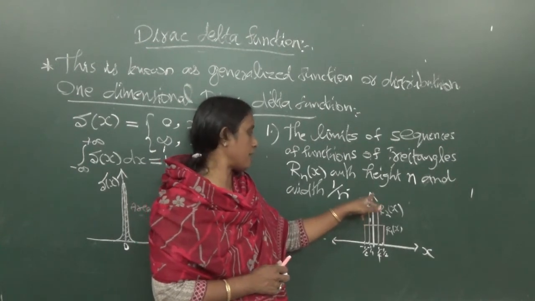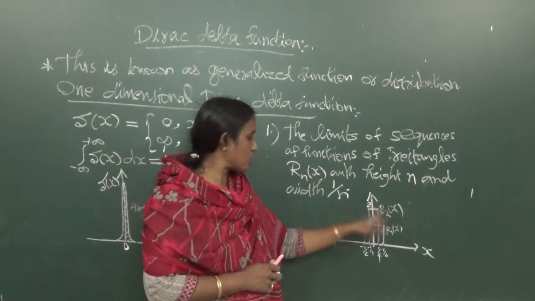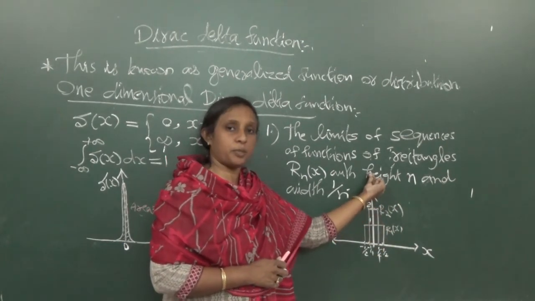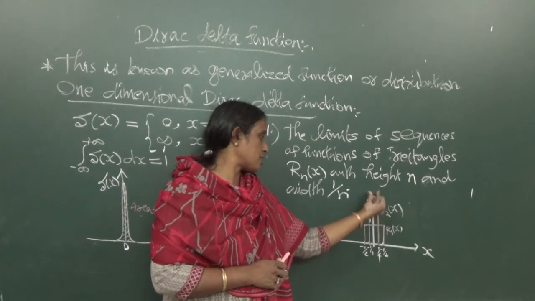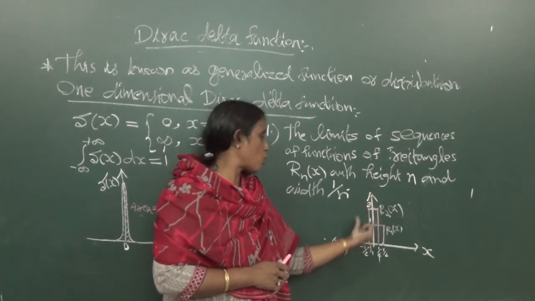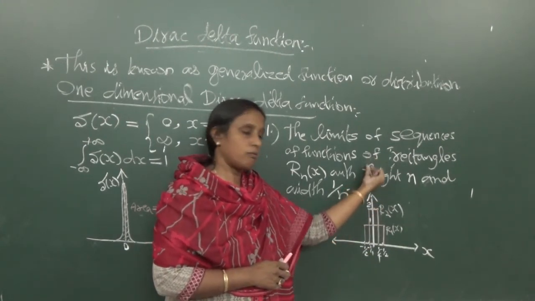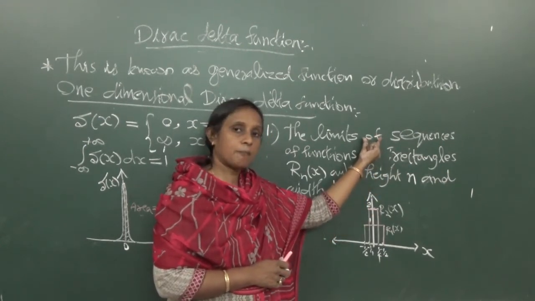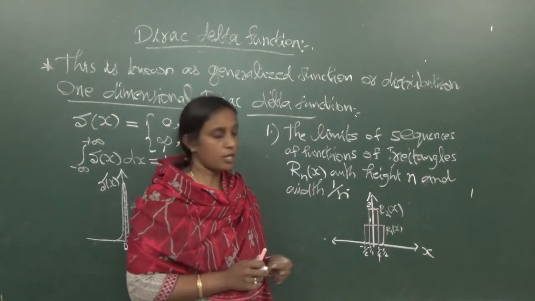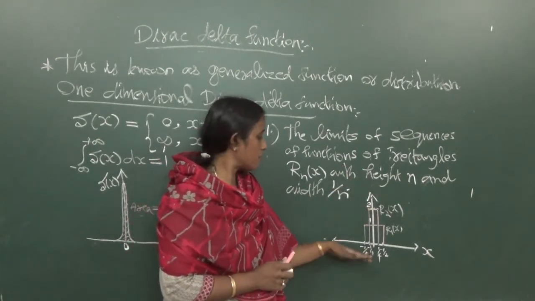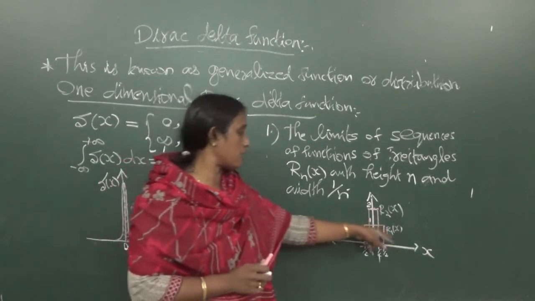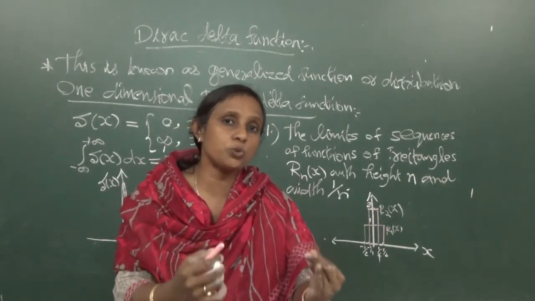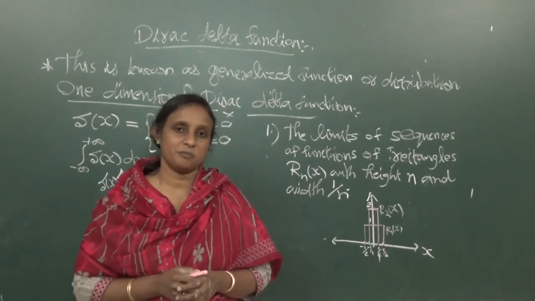For n equal to 3 and width 1 by 3, it gets narrower again. And as n tends to a very large number, even in the case n equal to 10, this goes to a very sharp peak. So for large n, this sequence of rectangular functions converges to the Dirac delta function.